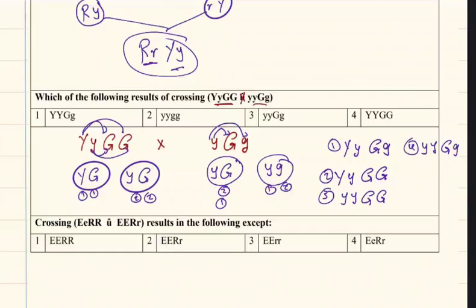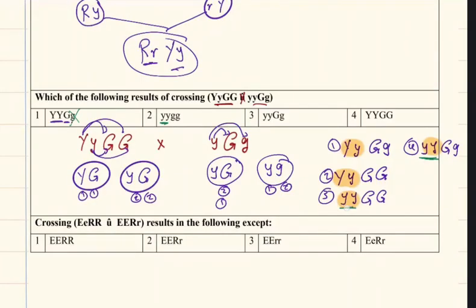It says, which of the following will result? Y capital, Y capital, G capital. Does it exist? Y capital, Y capital? No. No one of these has Y capital, Y capital, so the first one could not be the result. This one, Y small, Y small. Does anyone have Y small, Y small? Yes, I have Y small, Y small.